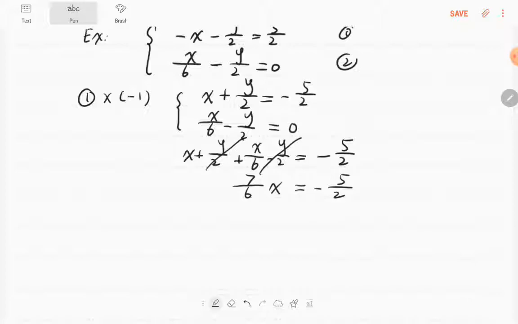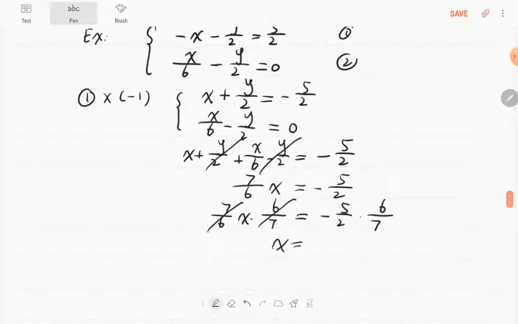So both sides times the reciprocal of the coefficient of x here. Why should we times the reciprocal of the coefficient of x? Because when we times the reciprocal, we can make the coefficient of x to be 1.